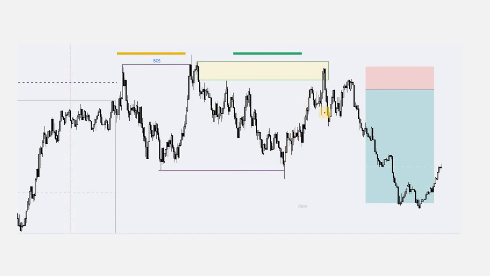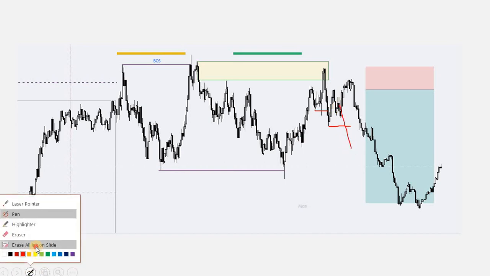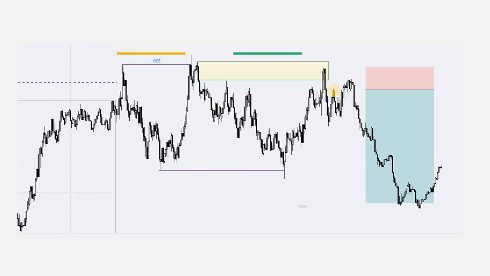And now we have a change of character here, and this move was supposed to continue by breaking the structure, but that wasn't the case, and this becomes our liquidity inducement.